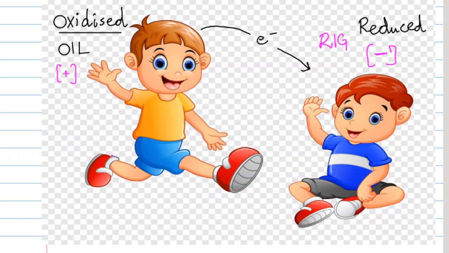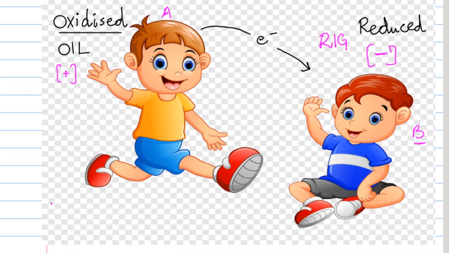So the point is, the substance which is being oxidized is basically reducing another one. If we call this child A and this child B, and A is going to give away its electron to B, then A is oxidized itself, but it is going to reduce the other one.